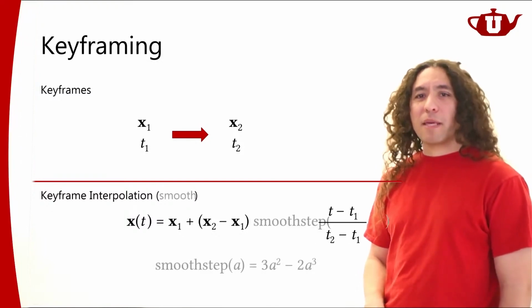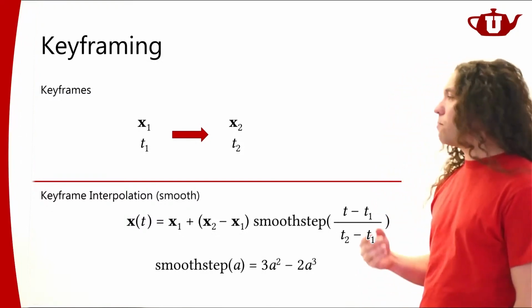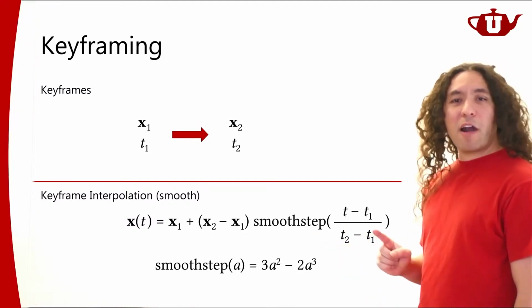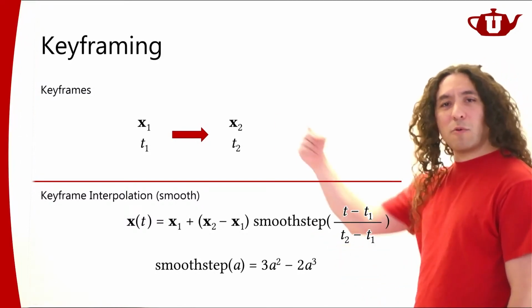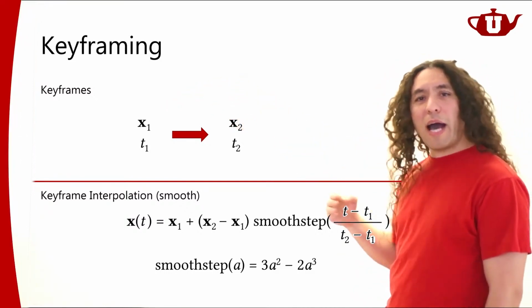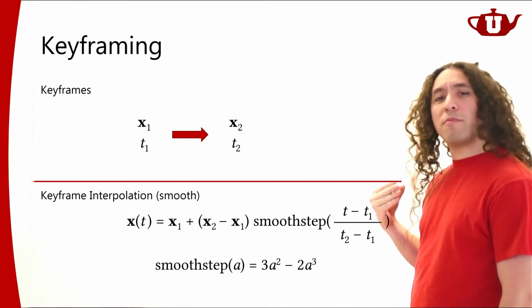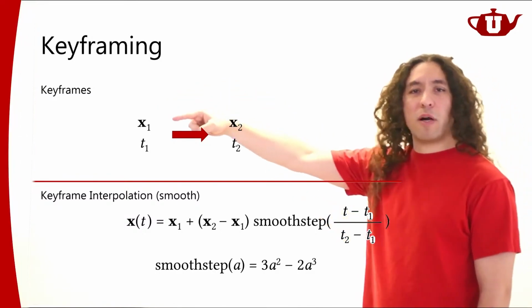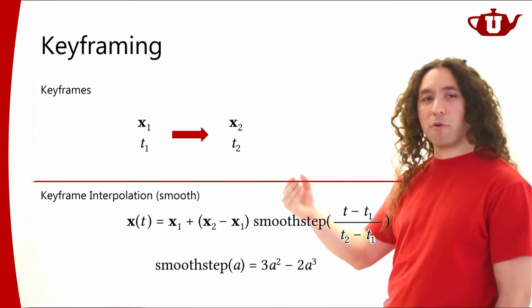I can do something better. I can do, for example, smooth step instead of just a linear interpolation. So I can vary the position between t1 and t2, like the deformation of my object between x1 and x2. I can smoothly deform from one shape to the other shape, right? From x1 to x2, I can smoothly deform.